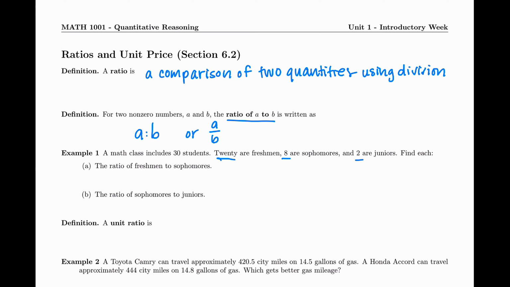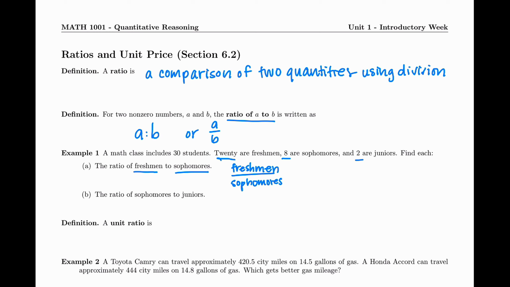The first is the ratio of freshmen to sophomores. So we'll go ahead and use the fraction notation here. We need the ratio of freshmen to sophomores. This is how our comparison should look.